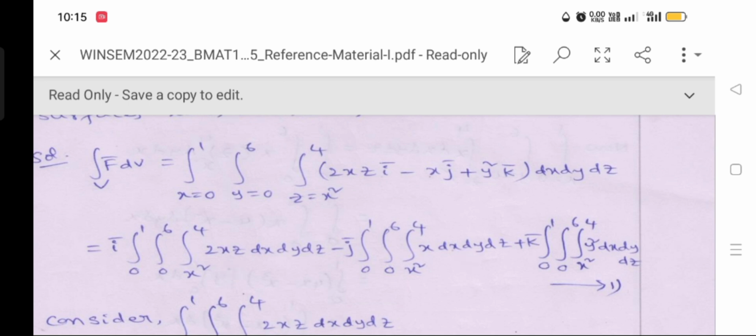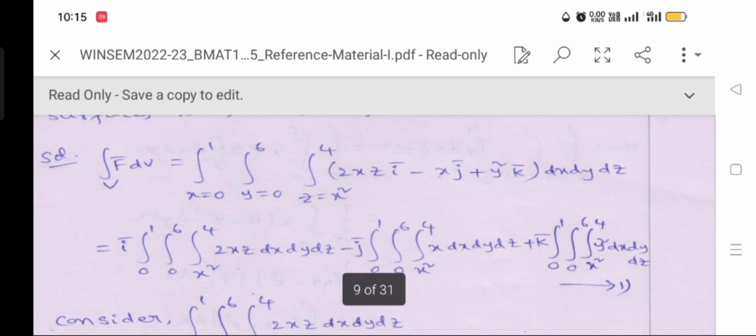And F2 is only x, with the negative symbol, j outside, x dx dy dz, and plus the next k vector component, and this integral y square dy dx dz. Okay, this is equation number 1.